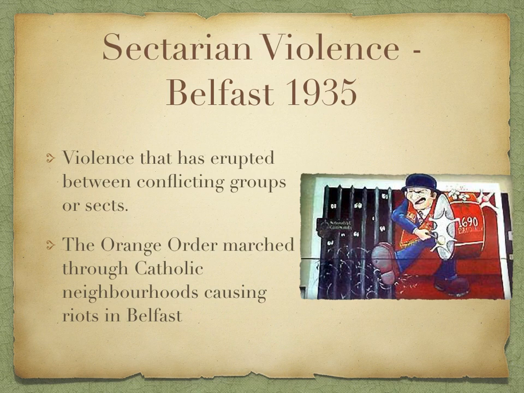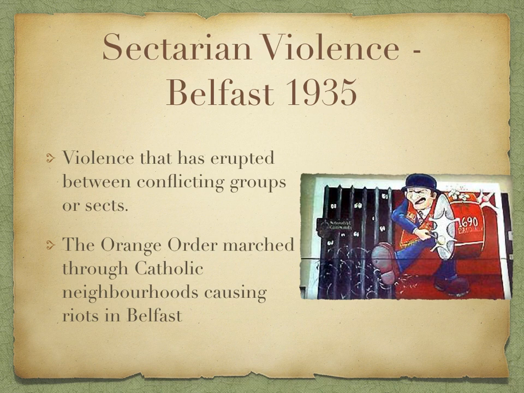And another aspect of life at this time was sectarian violence. This may be a phrase you guys have heard before, but sectarian violence is violence that erupts between conflicting groups or sects. So this was violence between the Protestants and the Catholics. There was a particularly bad case in Belfast in 1935 when the Orange Order marched through Catholic neighbourhoods in Belfast, causing riots.